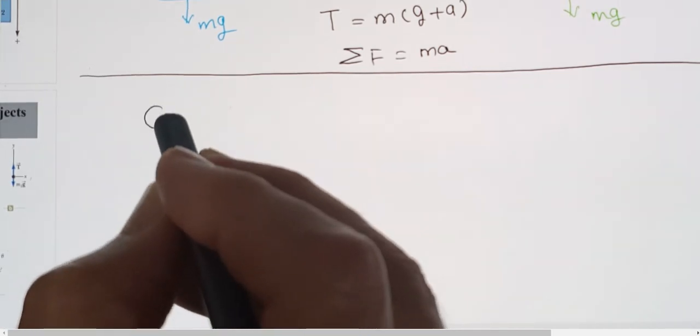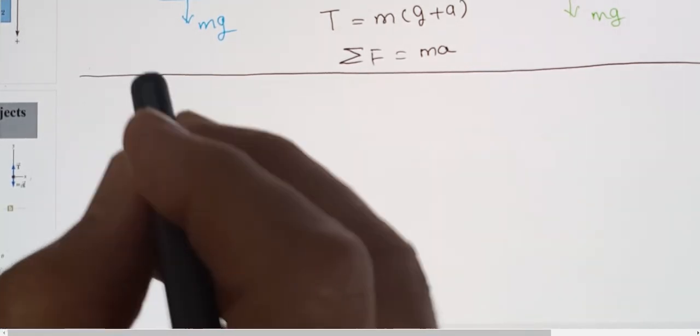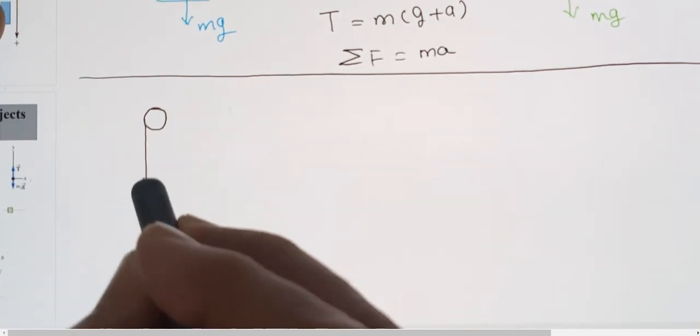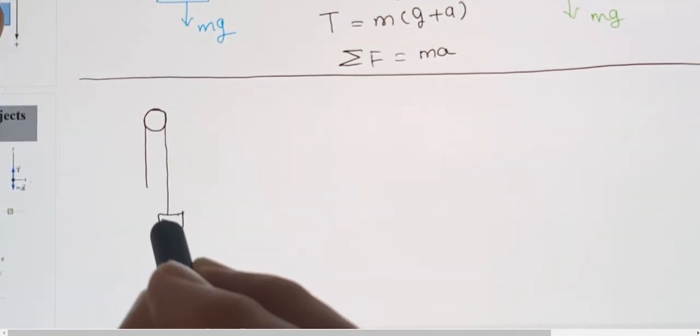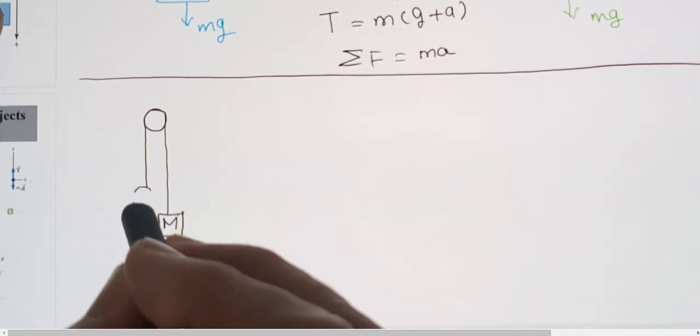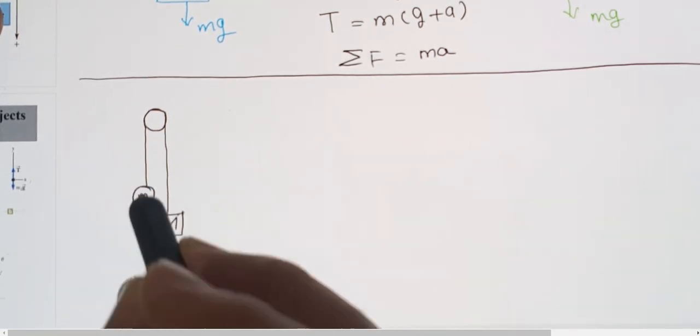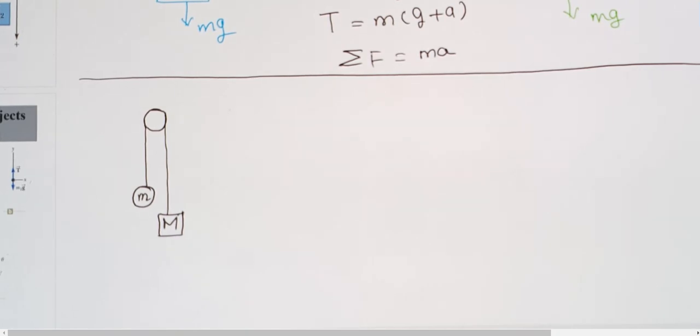So we have a pulley and two masses. Let's call this capital M and the other one small m. So how to solve it?